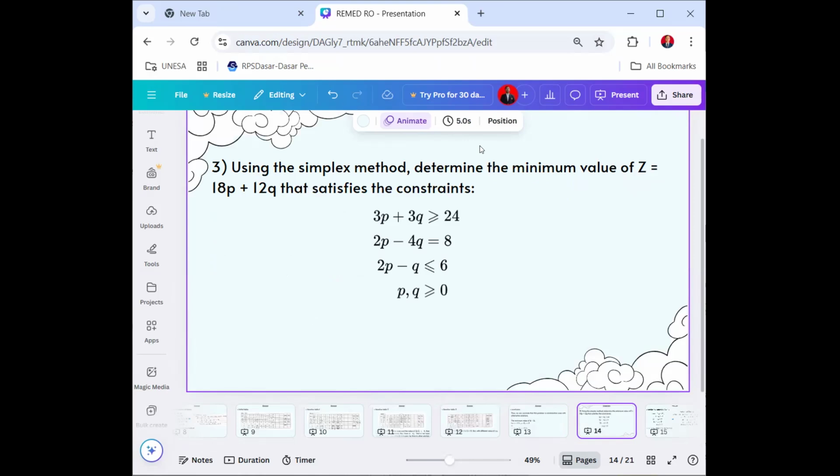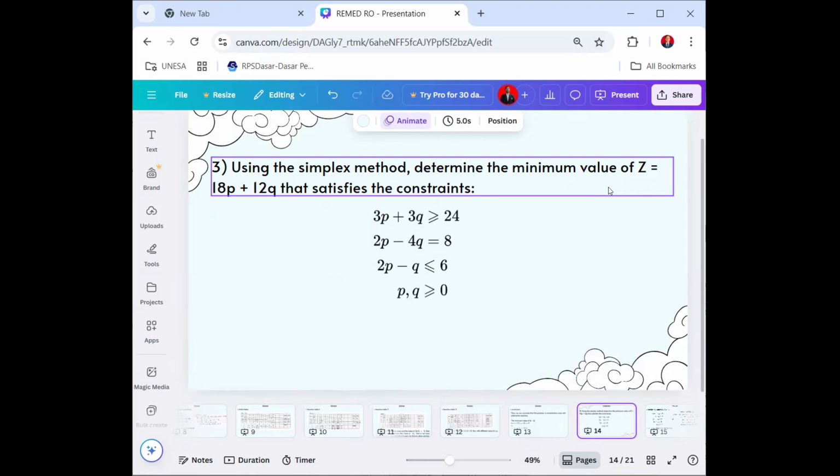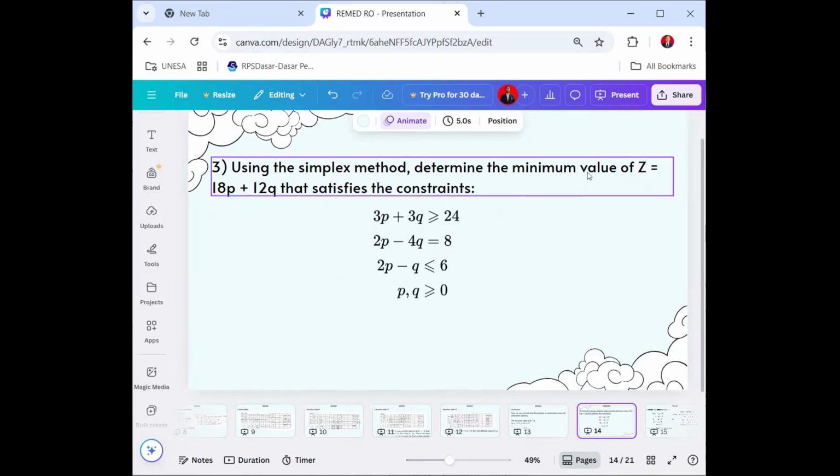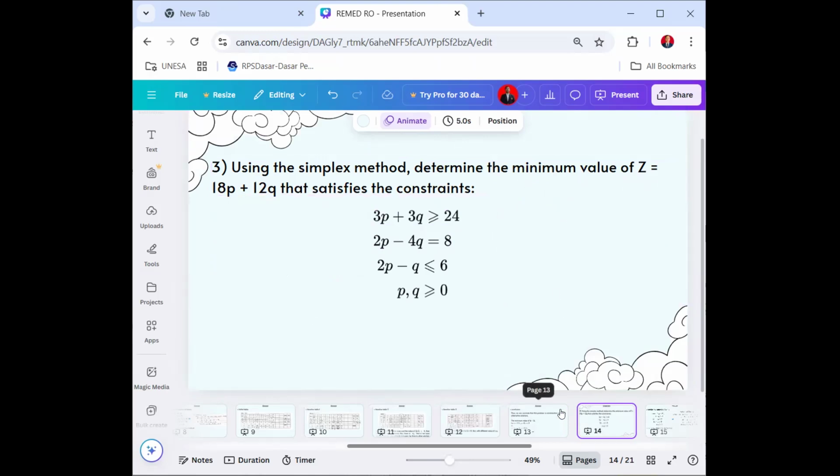So now we go to question number 3. Using the simplex method, this question is probably the same as question number 2, but just a different problem, and because I already solved it, the answer is also different.